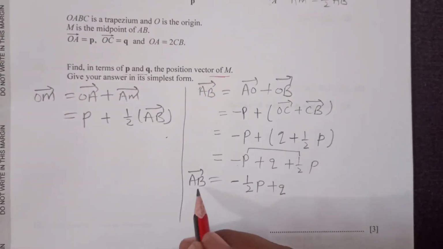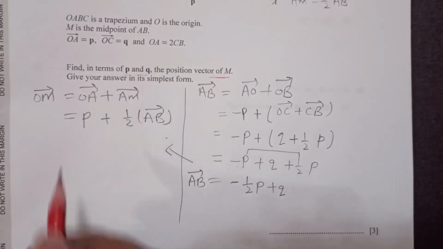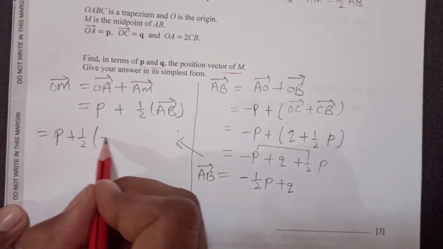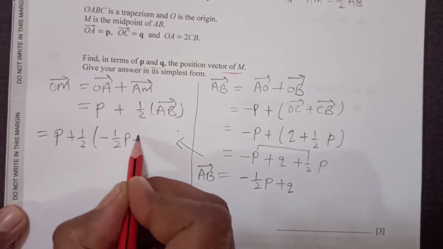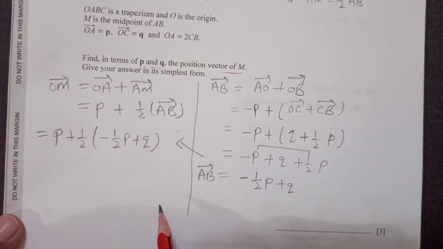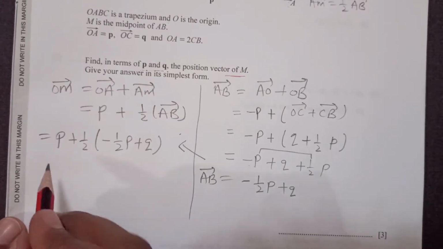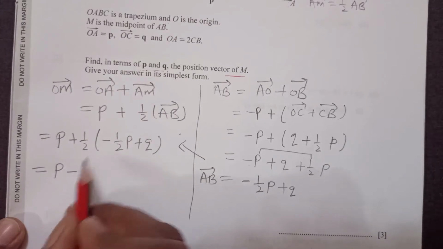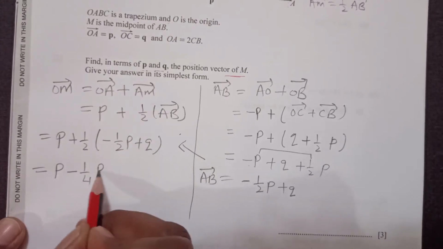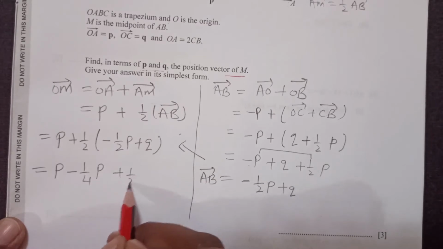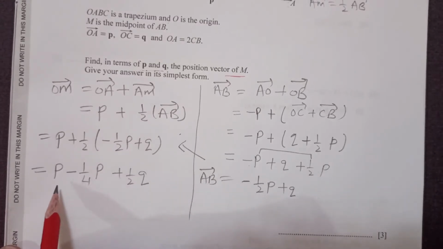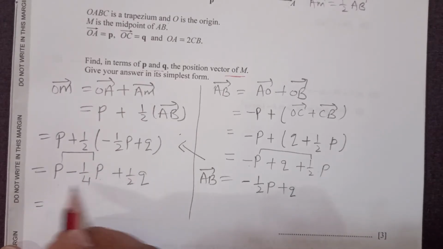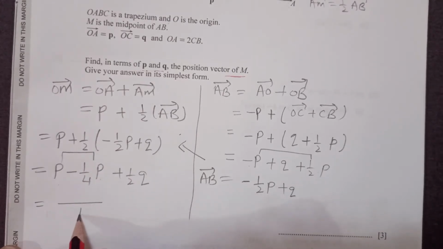Now this AB, we are going to substitute this value here. So this is p plus half AB, and AB is negative half p plus q. Now we can open the bracket: p minus 1 by 4 p, then plus half q. Now p and p, when you take the LCM, it will be 4.